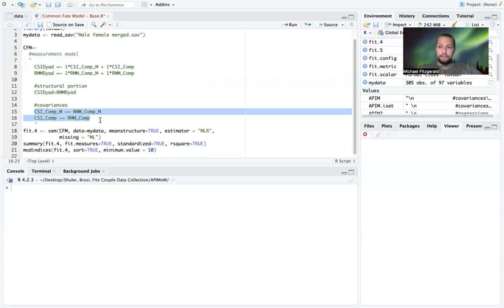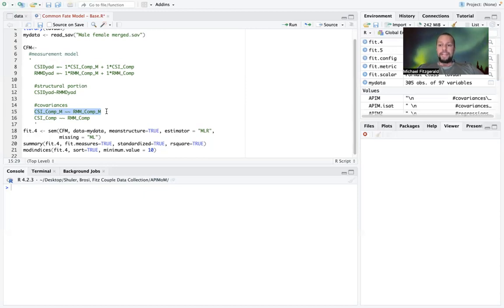So in the common fate model, we are going to specify 2 residual covariances, but they are not going to be across partner because that's already captured by the latent variable. That's already capturing that shared variation. So there shouldn't be any other shared variation that's left over. So what we are going to do is capture through residual covariances potential shared variation between the residuals of dyad member 1's report on the first construct and dyad member 1's report on the second construct.